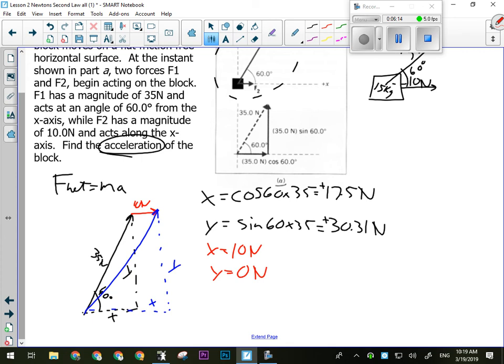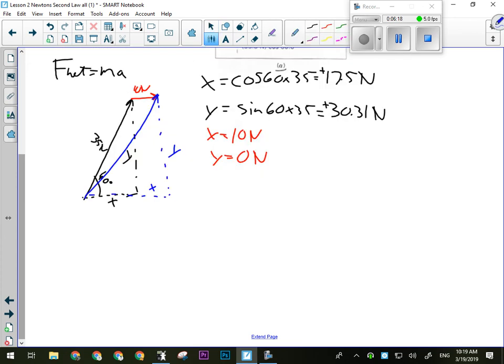Now that I have those, I can find blue X and blue Y, same as I would have in the last unit. Blue X is going to be 27.5 newtons, 17.5 plus 10, and then blue Y will be, sorry, not 10 newtons, 30.31 newtons. Now I've got those two sides of the triangle, so I can find the magnitude of my net force.